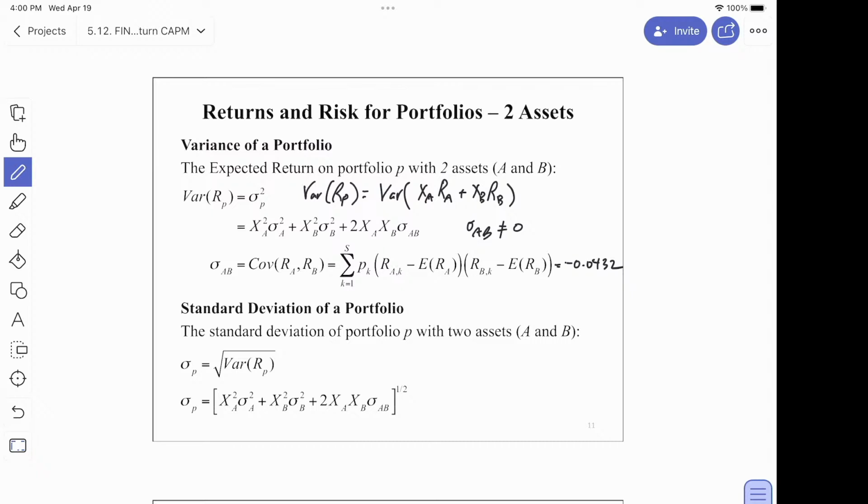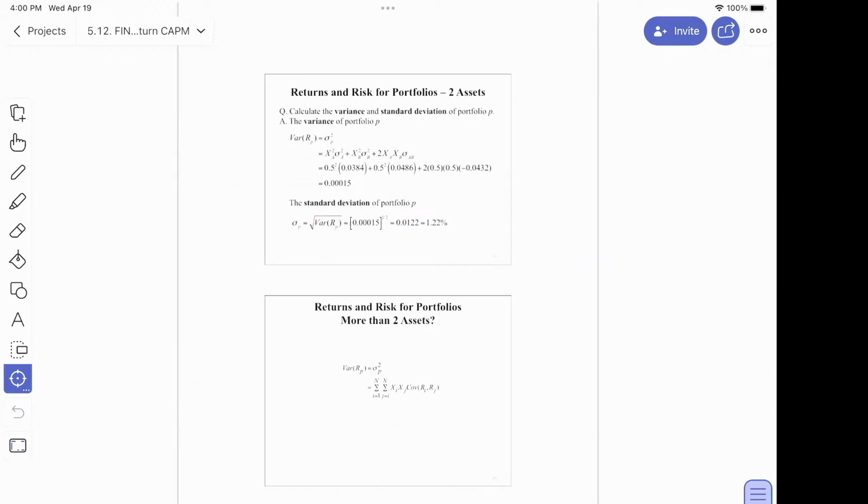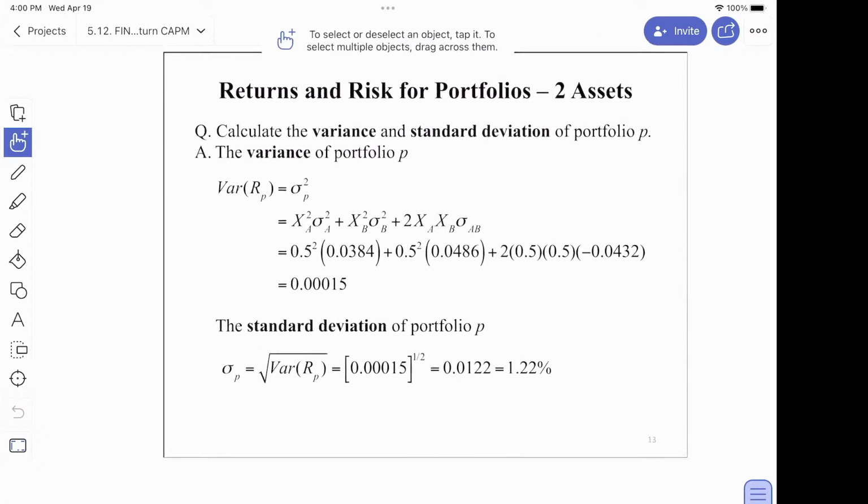You put it all together with this formula, which is long. To avoid problems, you can use Excel to avoid making a mistake, and then you take the square root. When you do that, you get this number. So we're going to end up talking about this.